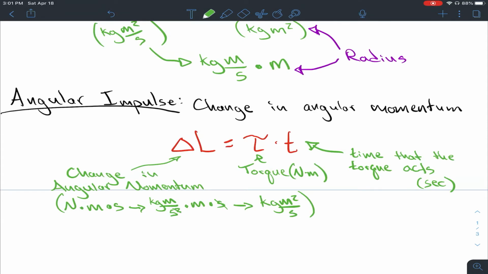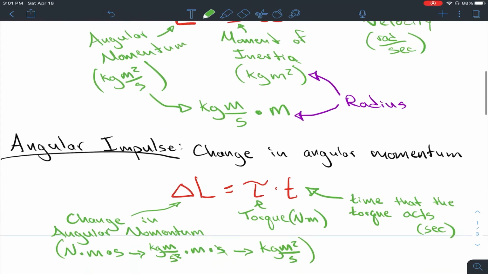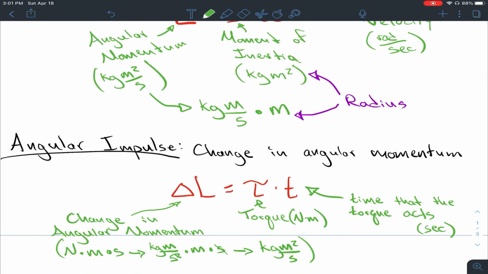Instead of forces and masses and velocities, now we're using torques and moments of inertia and angular velocities. And we can even substitute things in, like omega, we can substitute in its linear velocity equivalent with our v's and r's, and then we can start combining things together. That's probably the most challenging part with circular motion: the concepts are all really the same, but now we have so much information that we can be substituting for each other. We have to get really comfortable with knowing how we can turn one piece of information into another.